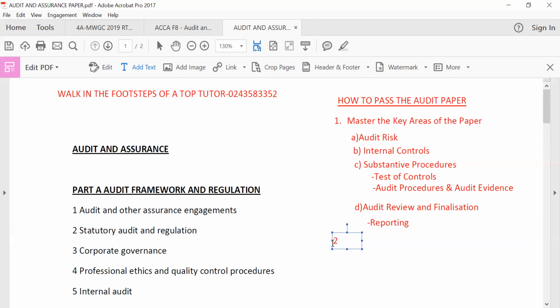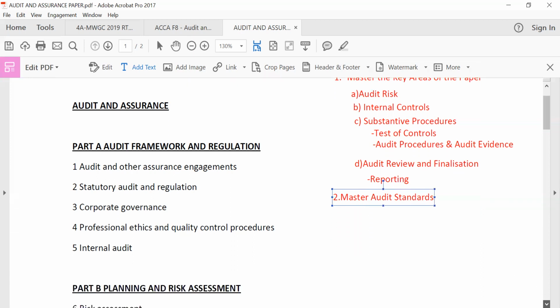Then second, mastering areas is the first item to do if you want to pass this paper. The second item is to master audit standards. We have a lot of standards that we are going to meet.